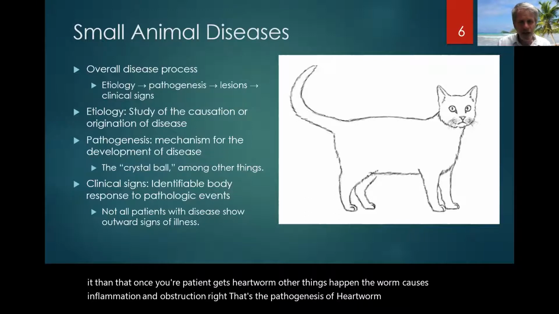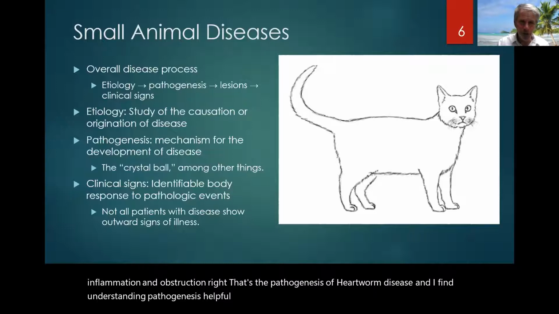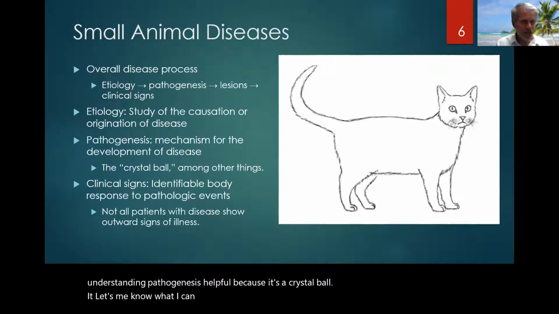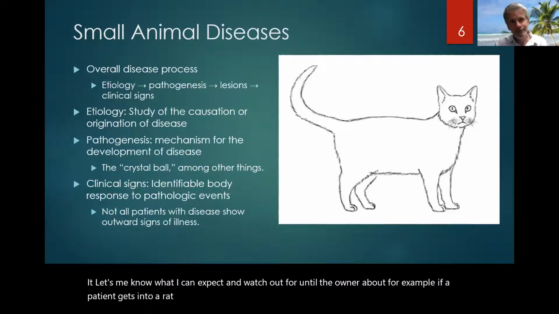And I find understanding pathogenesis helpful because it's a crystal ball. It lets me know what I can expect and watch out for and tell the owner about. For example, if a patient gets into rat poison, well, the etiology is the rat poison, right?